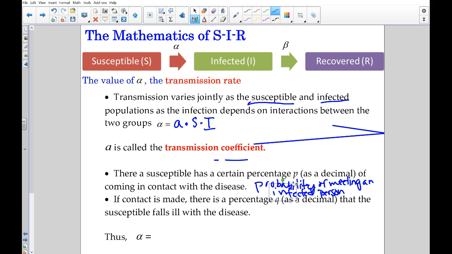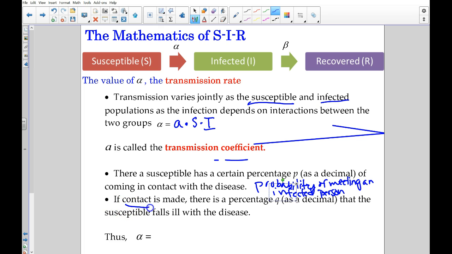You're out in public and not everybody that you meet has the disease, but maybe say 10% of them do. Of the people that you come in contact with on a daily basis, 10% of them might have the disease. Now, if you meet that person, you're not guaranteed to fall ill, so you may or may not contract the disease.